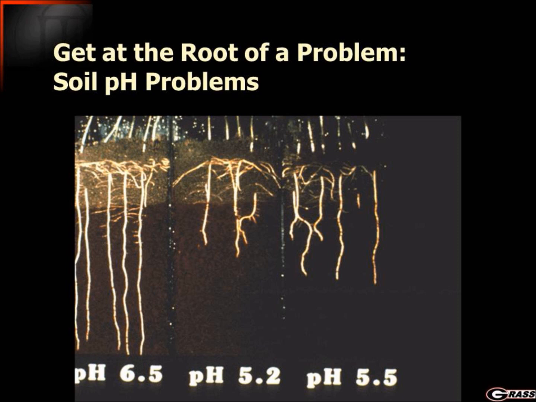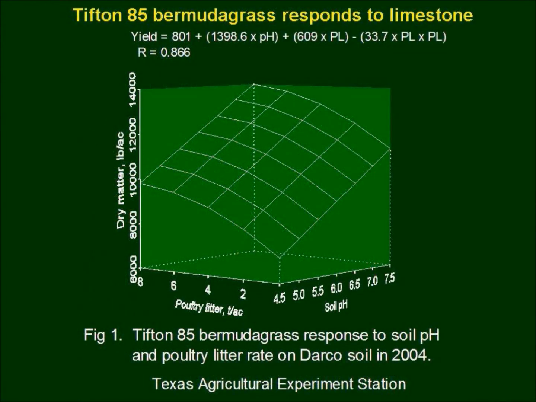Now, just because you've been adding poultry litter does not necessarily mean that you get away from having to look at your pH issues. pH is improved by poultry litter, but this is some work that was done in some soils in East Texas that are very similar to what we have in Georgia.